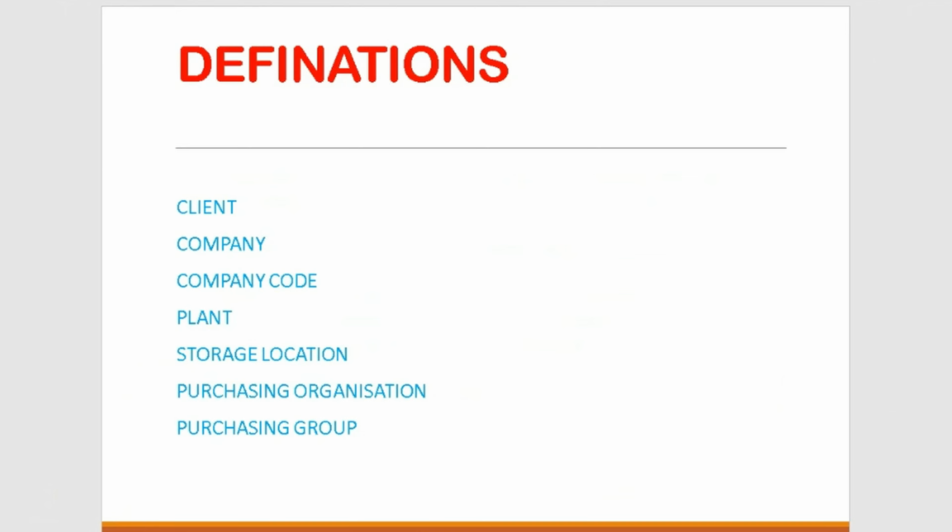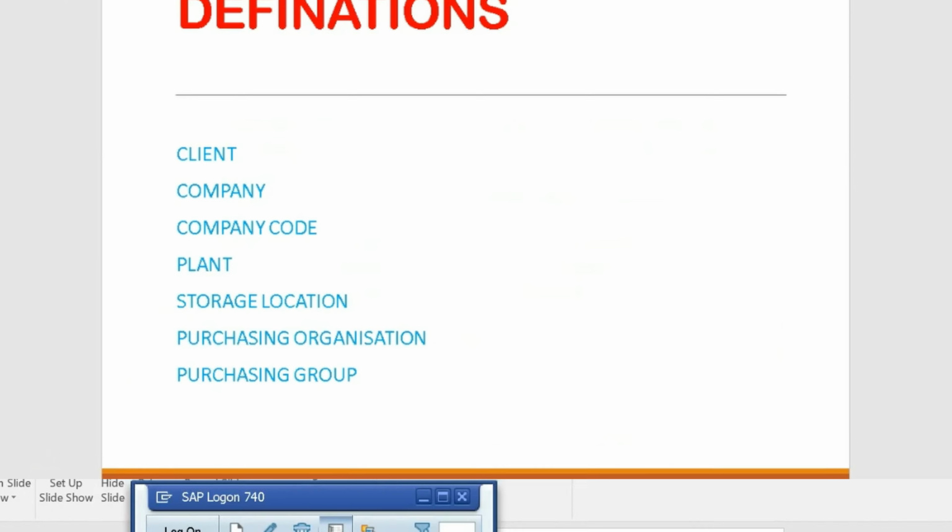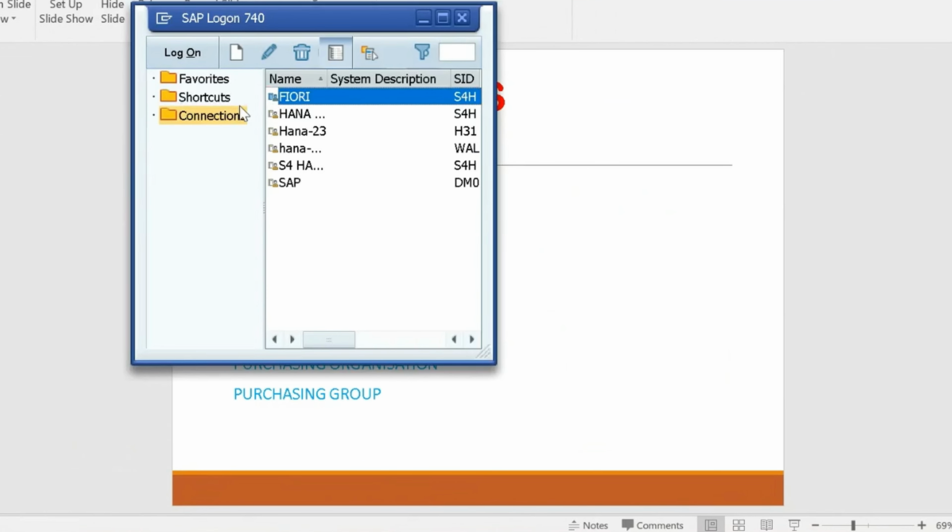Okay, so now let's see the SAP GUI and understand how it looks, what information is available in SAP GUI, and how you can navigate between that. So now this is the SAP GUI, or SAP software, we can say. Right now in S/4HANA, there are two types of access. You can access the system through GUI or through Fiori access.